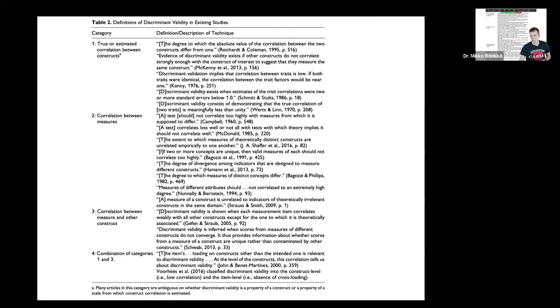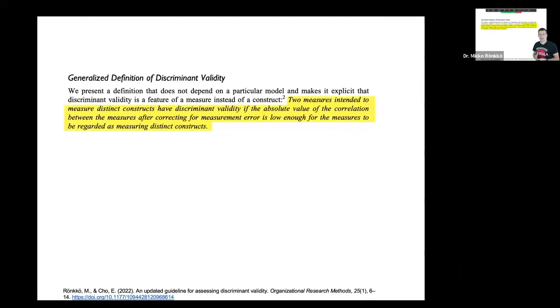So we presented this generalized discriminant validity, and it's a property of measures instead of constructs. 2 sets of measures have discriminant validity if the correlation between those 2 sets is low enough that we can conclude that they measure distinct constructs.